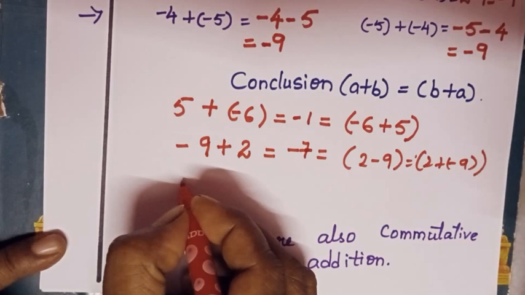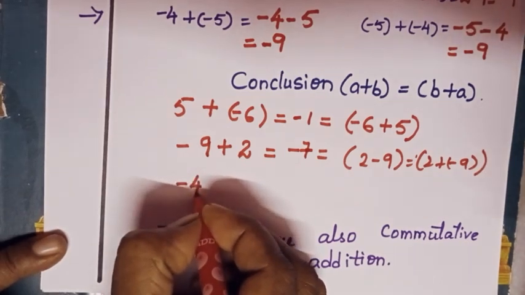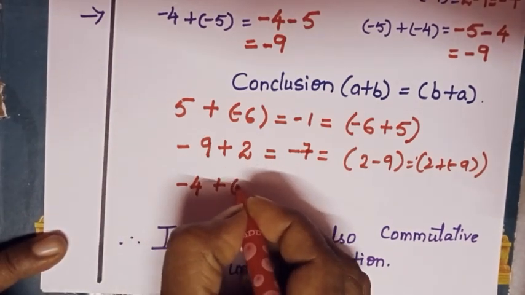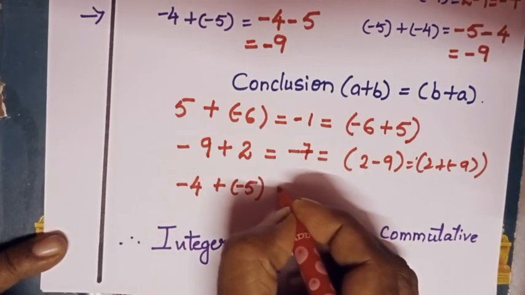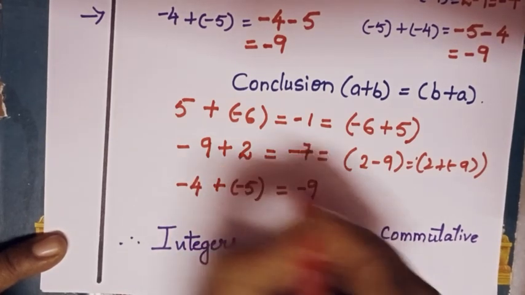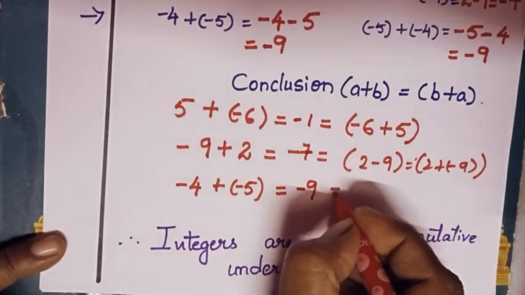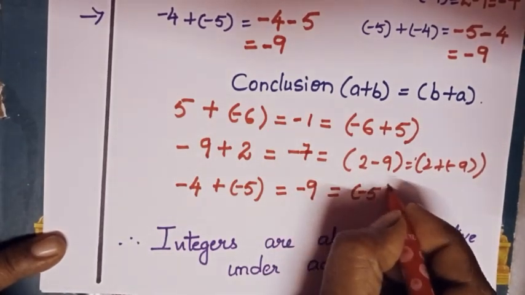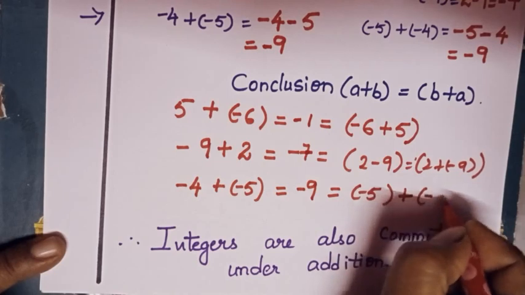Third example, A plus B, that is minus 4 plus minus 5, we got the answer as minus 9, you can see above, and B plus A, that is minus 5 plus minus 4.